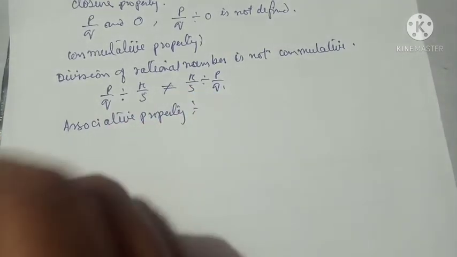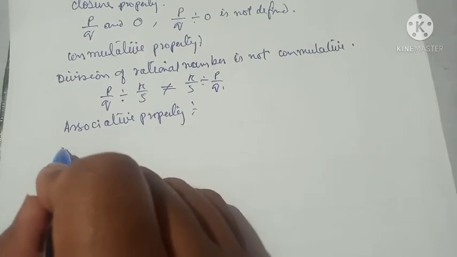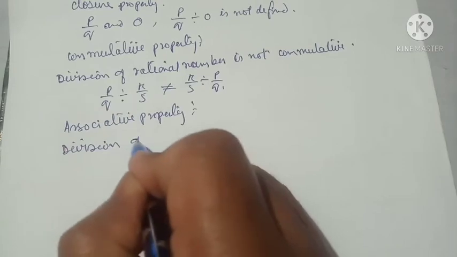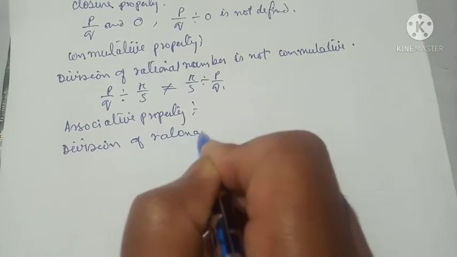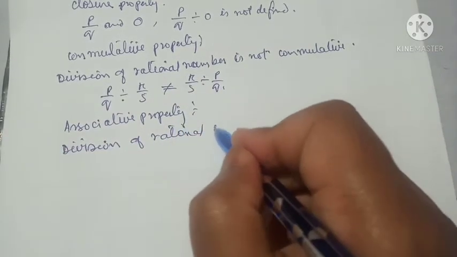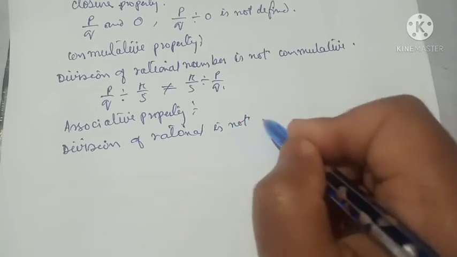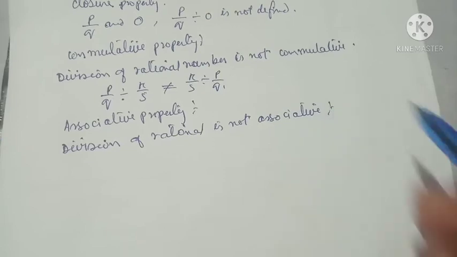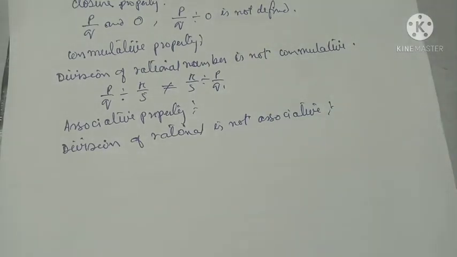In the associative properties also, division of rational numbers is not associative.